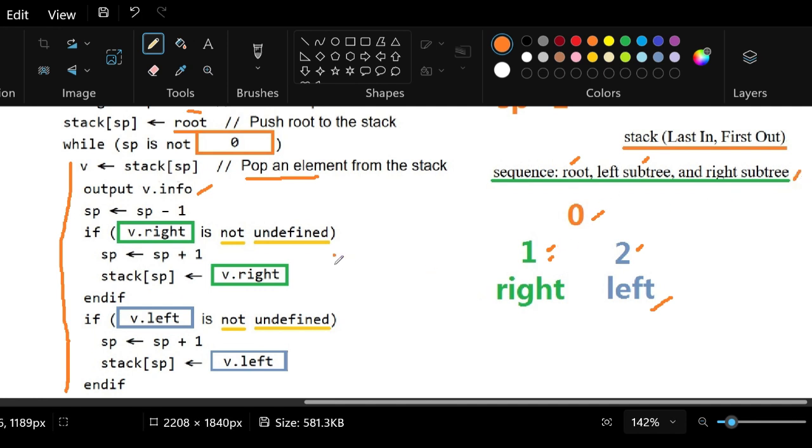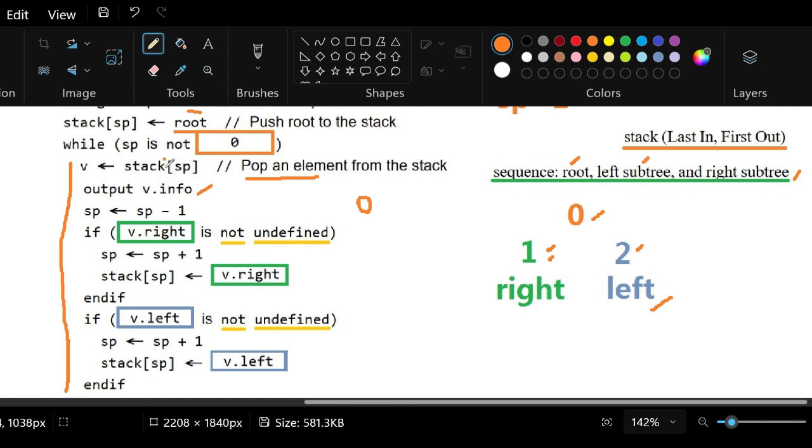Okay, now our count from 1 is now 0. And we don't have any more elements there.